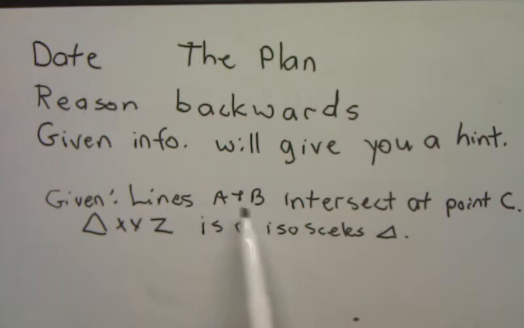We know that we have two lines and that they intersect at point C. What else can we determine from this information? Well, we know that two lines can only intersect at one point. That may not seem too helpful, but it just might give enough information to start a proof.